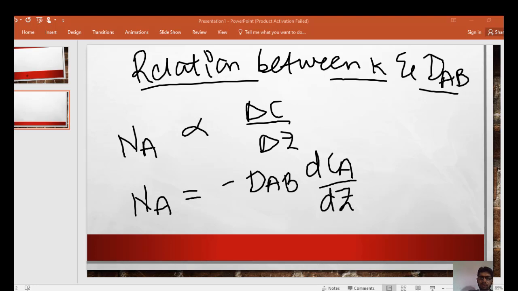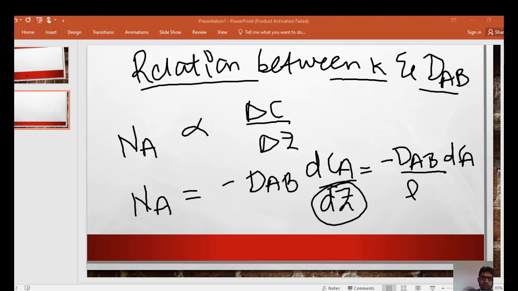And we also said that minus DAB divided by delta z is nothing but length, and that is the dCA, or NA is equal to DAB divided by length into minus dCA.